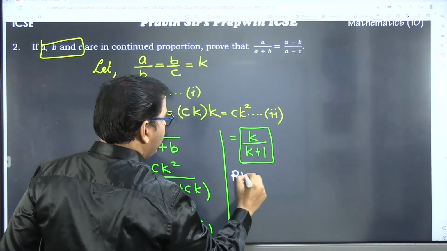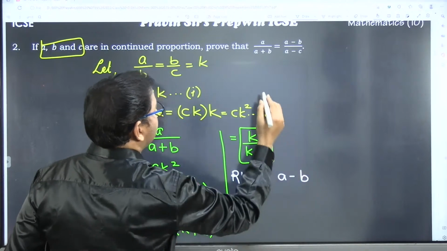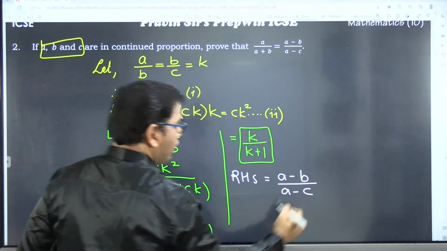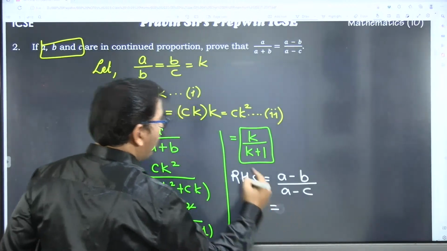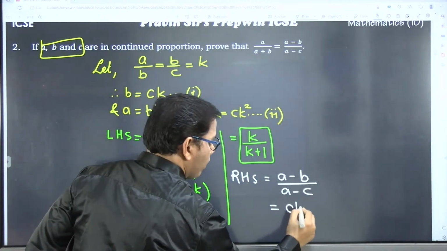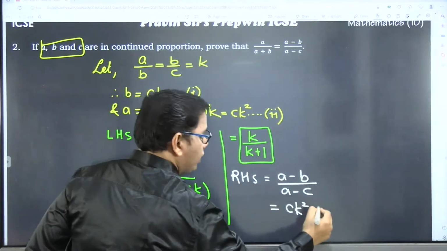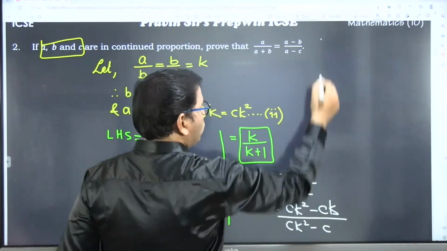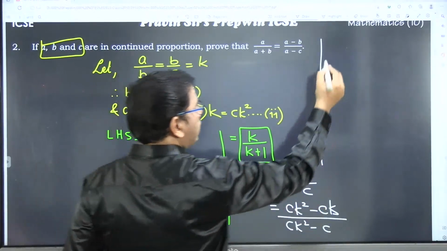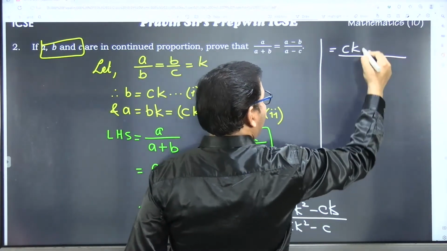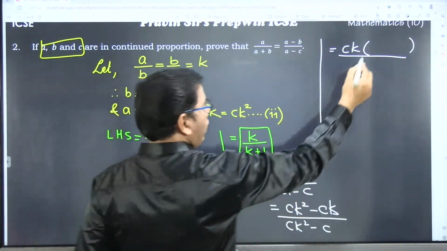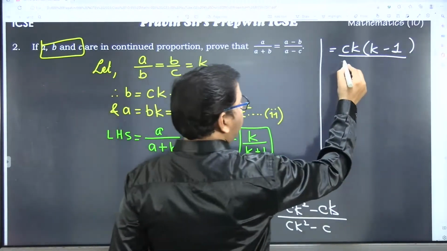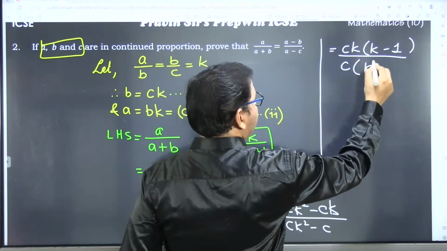Now let us solve RHS. RHS is A minus B upon A minus C. A is CK square minus B, and B is CK. The denominator is CK square minus C. Taking CK common in the numerator, what remains is K minus 1. In the denominator, C is common, so K square minus 1.